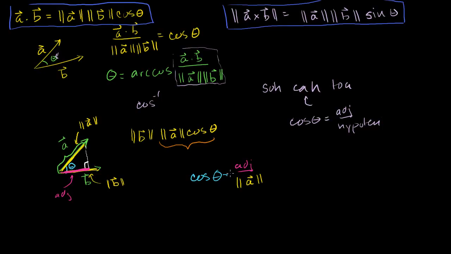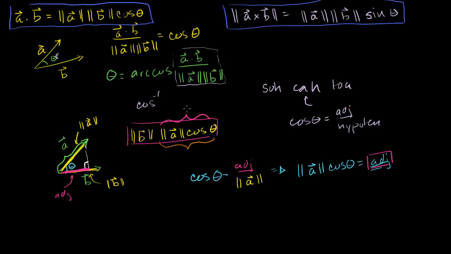And so if I multiply both sides by the length of vector A, I get the length of vector A times the cosine of theta is equal to the adjacent side. And I'll do that in magenta, is equal to the adjacent side. So this expression right here, which was just A dot B, can be rewritten as, I just told you that the length of vector A times cosine of theta is equal to this little magenta adjacent side.